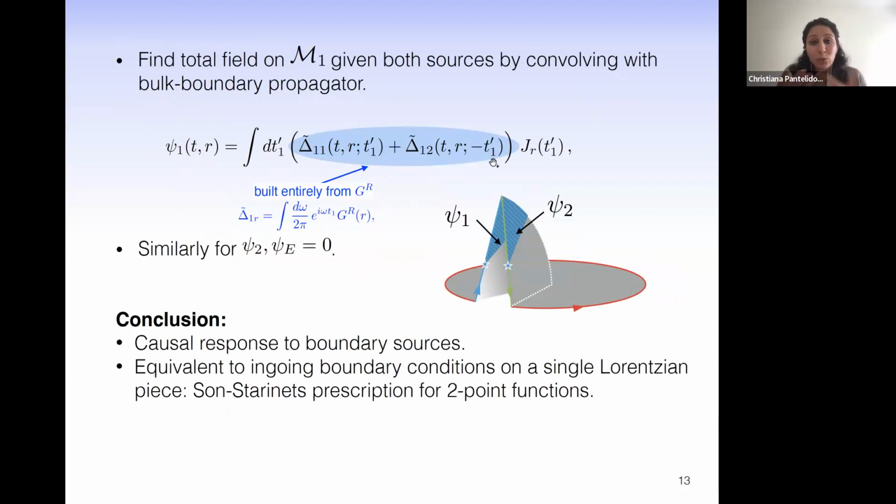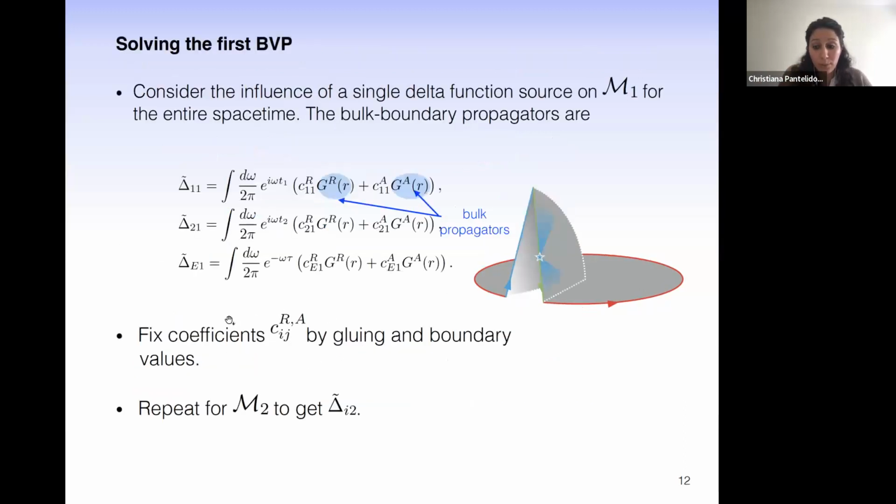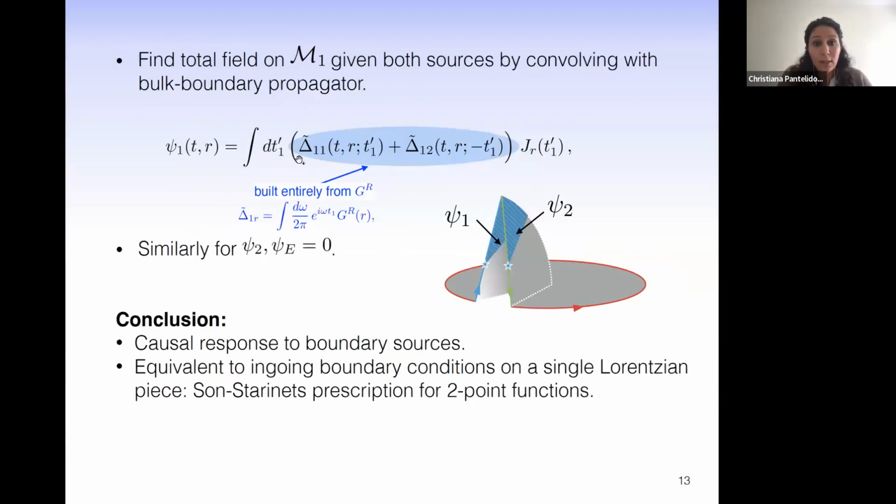Now J1 and J2 are equal to each other and equal to J_R, so we factor that out of the parentheses. If we plug in the explicit constants that we found by doing the computation on the previous slide, we get that this quantity in the parentheses looks something like this. So it only depends on G_R.